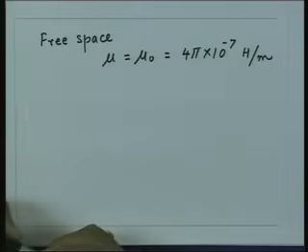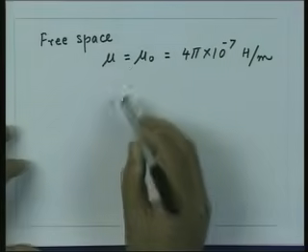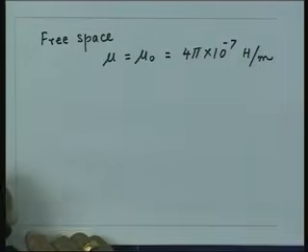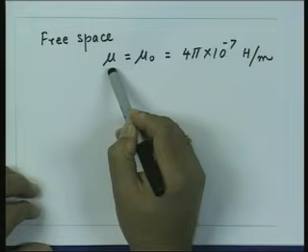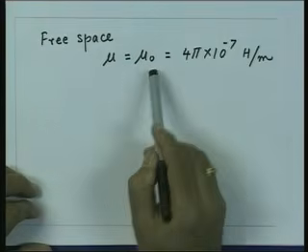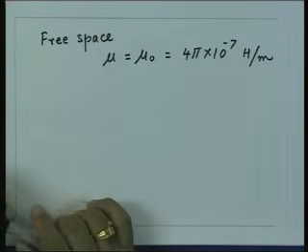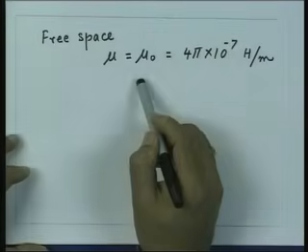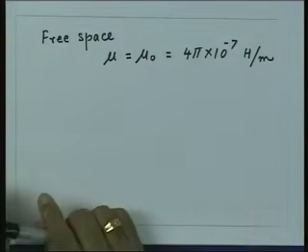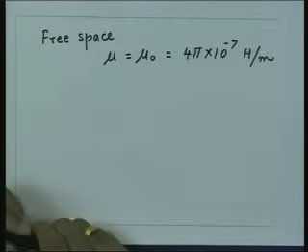Then, as we defined in the case of the electric field or the media for electrostatics, if I have a material whose permeability is mu, the ratio of mu and mu naught, that is the ratio of the permeability of that medium to the permeability of free space, is called the relative permeability of the medium.